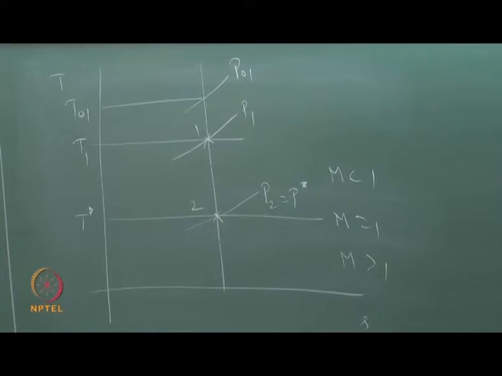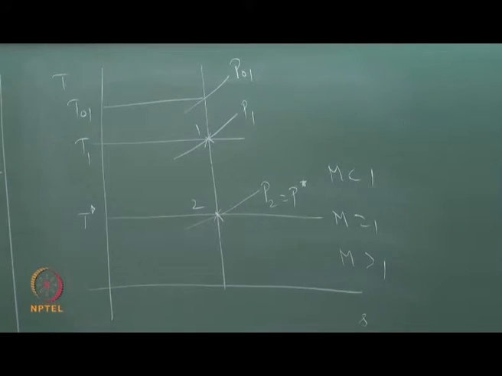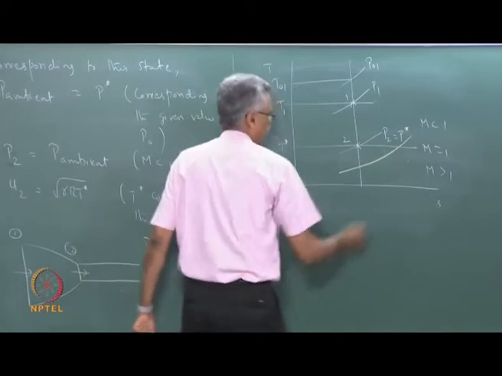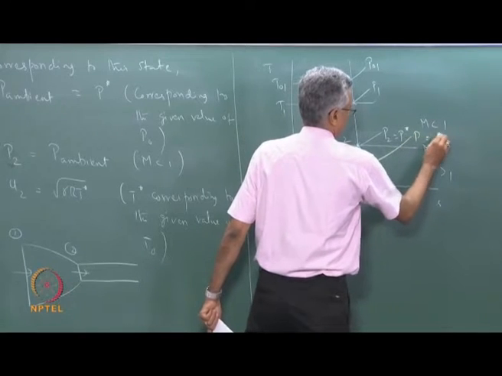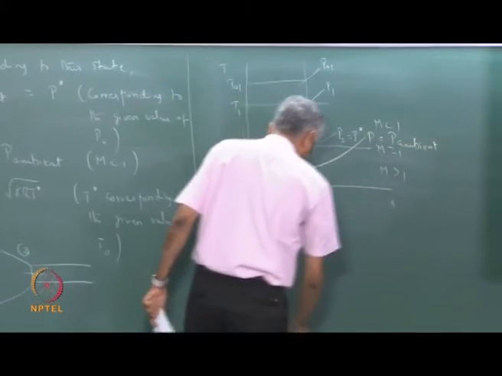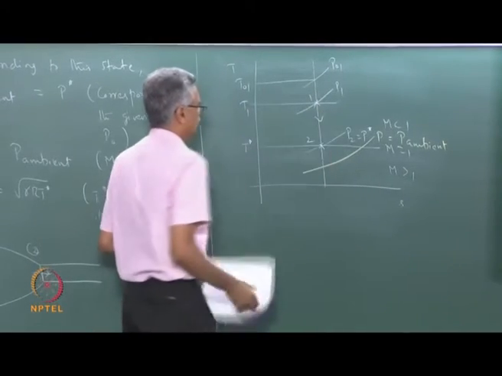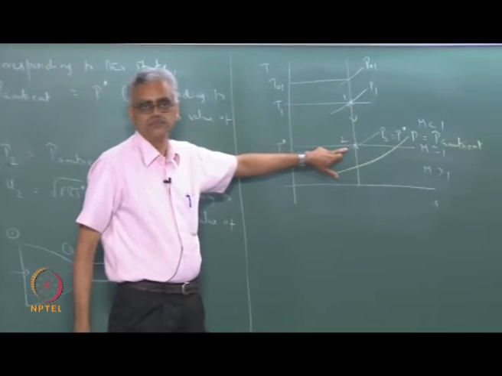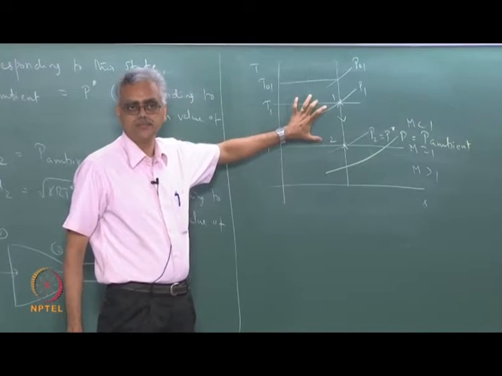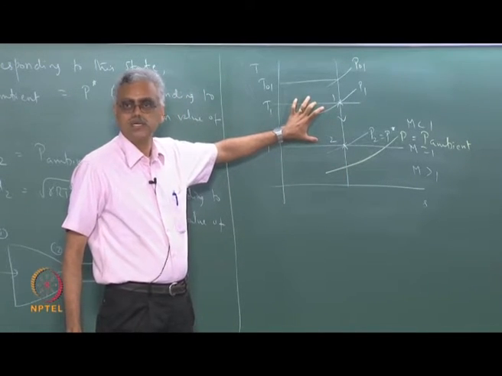Now I have lowered my ambient pressure to a value even below this. For example, let us say that this is my ambient pressure now. The flow has expanded from state 1 to state 2. Will it now expand to this state or will it remain the same? It will remain the same.